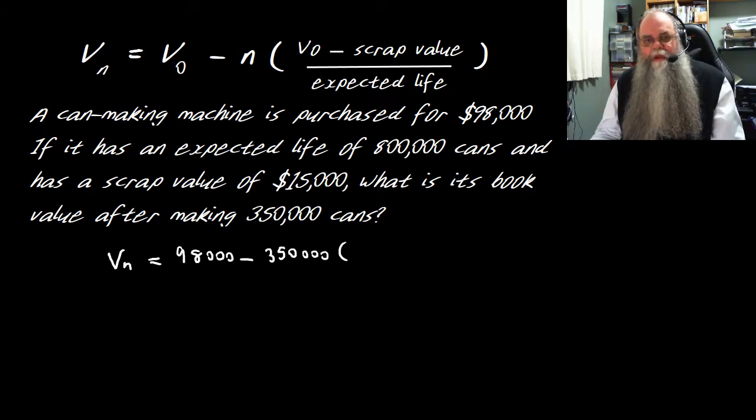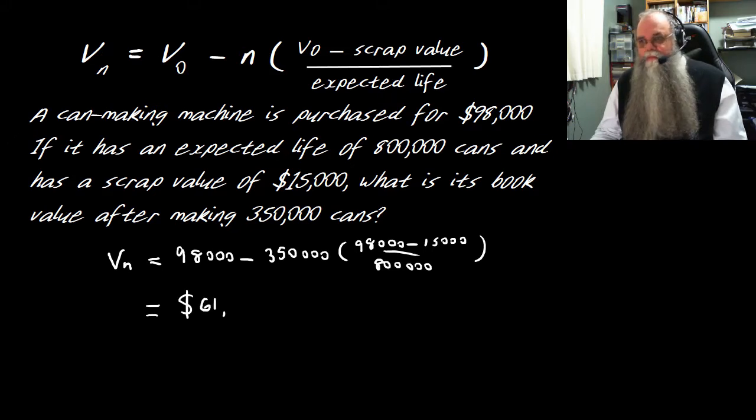We multiply that by the purchase price of 98,000, take away the scrap value, which is 15,000, and divide all that by the expected life, which in this case is 800,000. And if we put that into our calculator, we get a book value after making 350,000 cans of $61,687.50.